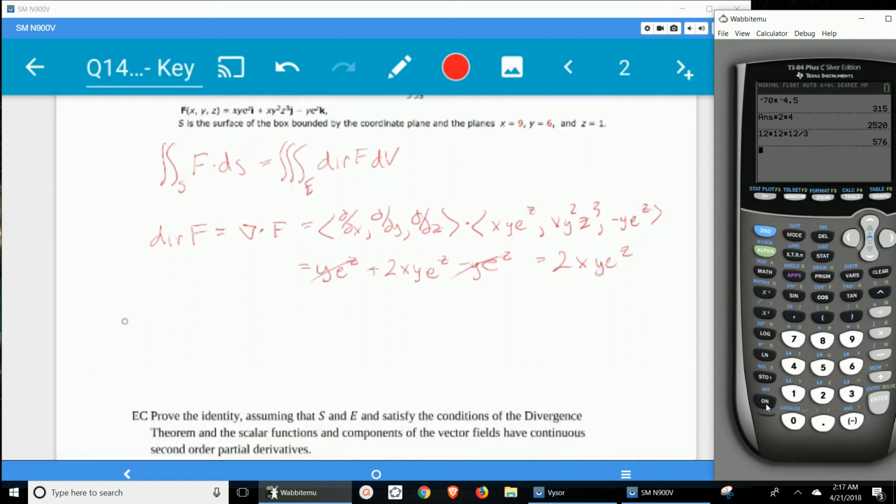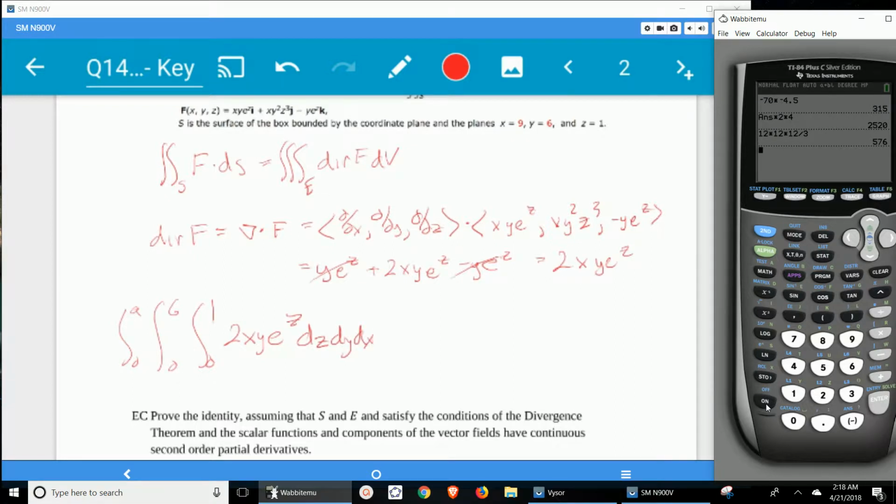So now we're going to do the triple integral. Now, it really doesn't matter since it's a box. I'm just going to go x 0 to 9, 0 to 6 on y, and then 0 to 1 on z. And then we're integrating this thing. And I want z, y, x.